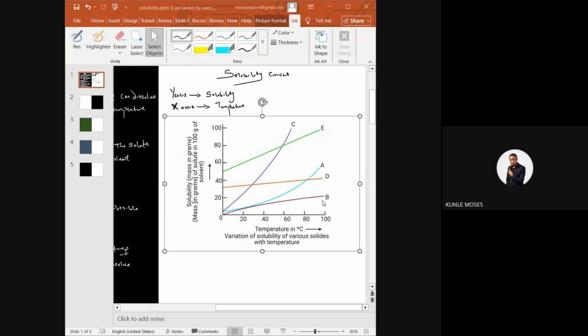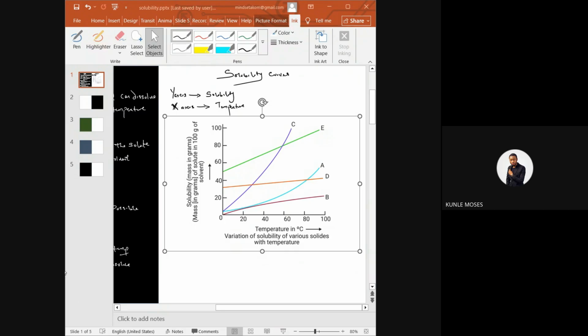You can see that all throughout, the solubility did not go above 20 gram, the mass that will be dissolved in the solvent. So it shows that there's a slight increase in solubility, but temperature does not have much effect on that salt.